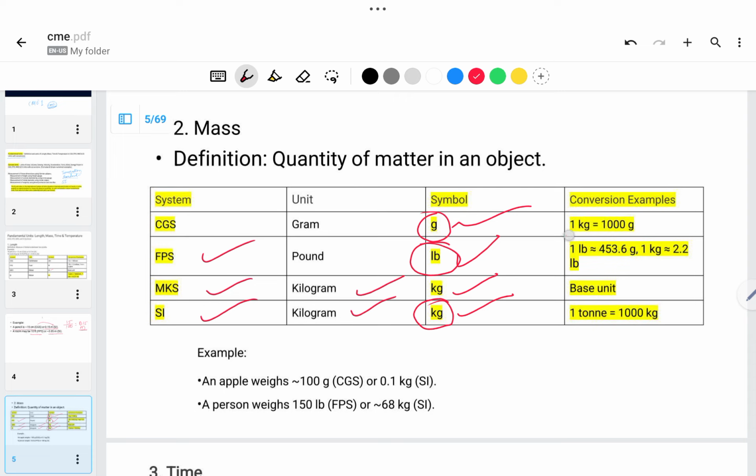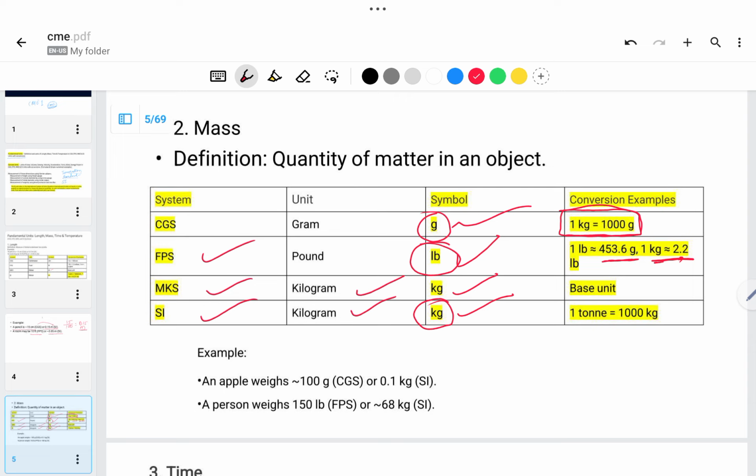So 1 kg is equal to 1000 grams. Here 1 pound is equal to 453.6 gram. And 2.2 pound is equal to 1 kg, or else 1 kg is equal to 2.2 pound.